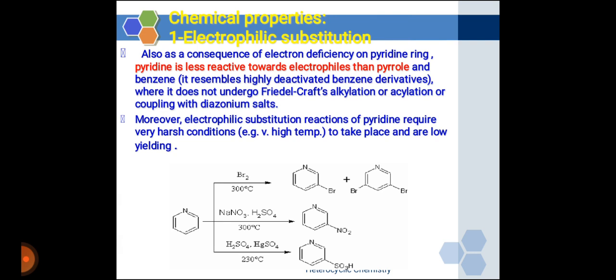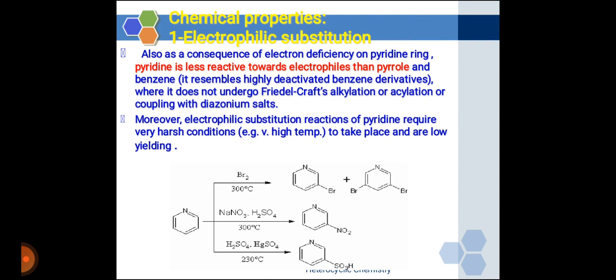Then the pyridine molecule reacts with sodium nitrate in the presence of H2SO4 at 300 degrees Celsius to form 3-nitropyridine. Again, pyridine reacts with H2SO4 in the presence of mercurous sulfate at 230 degrees Celsius to form 3-sulfonic pyridine.